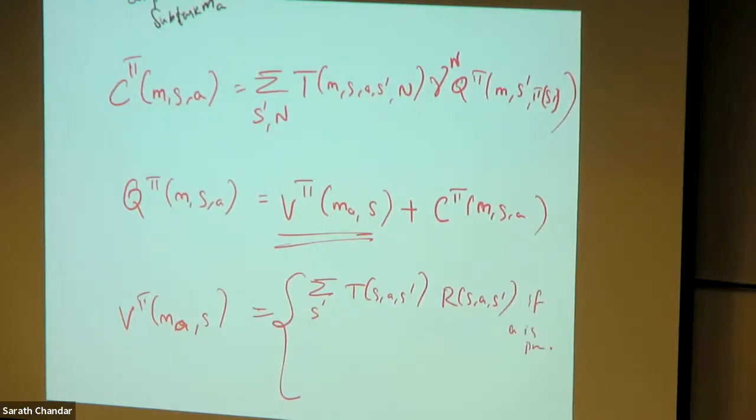However, if A is abstract, then we have the recursion. So it's going to be Q pi of MA S pi of S if A is abstract.